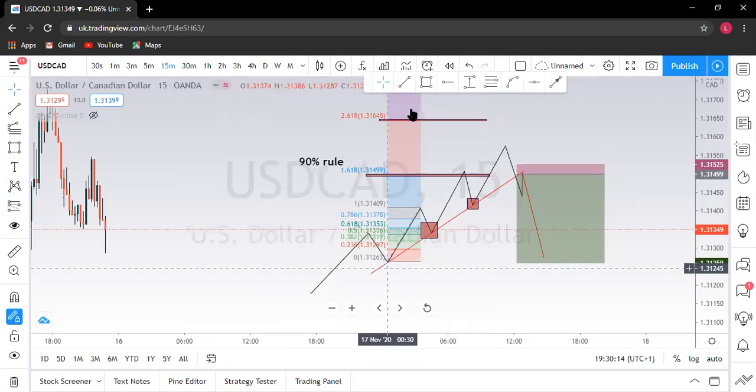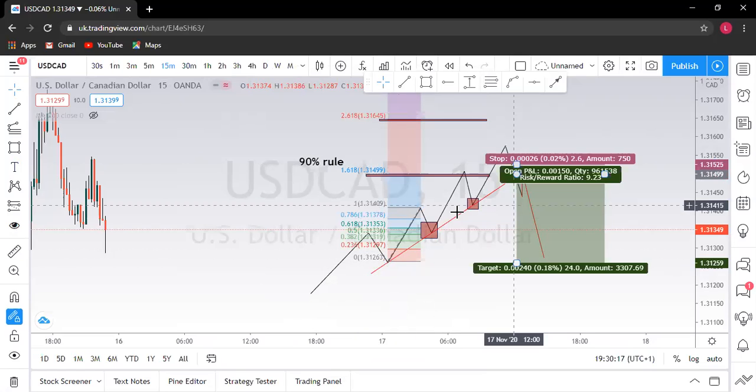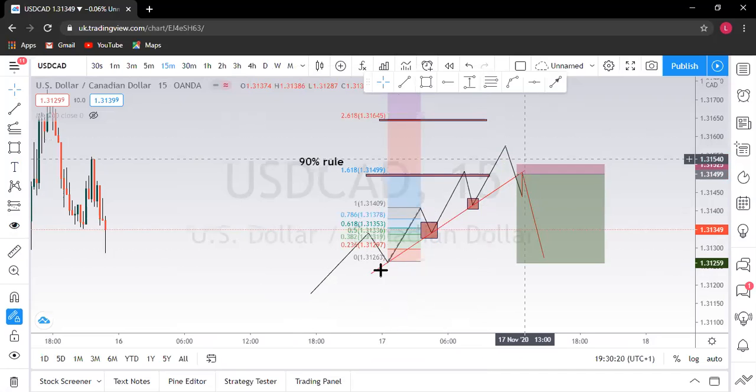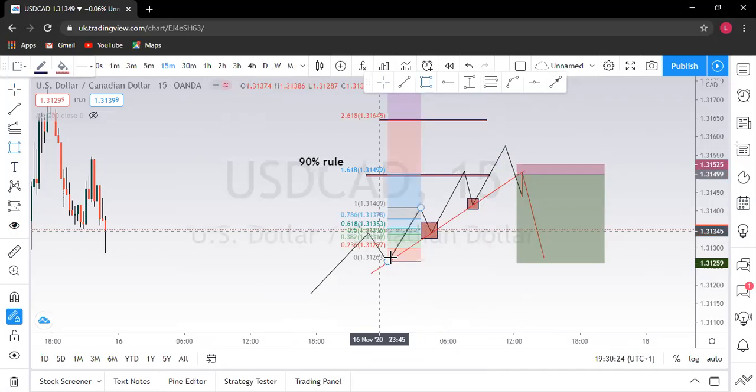So 90% rule told us that whenever market should break this trend line that market has been respecting, market will definitely come back to that same level again. So that is what 90% rule says.